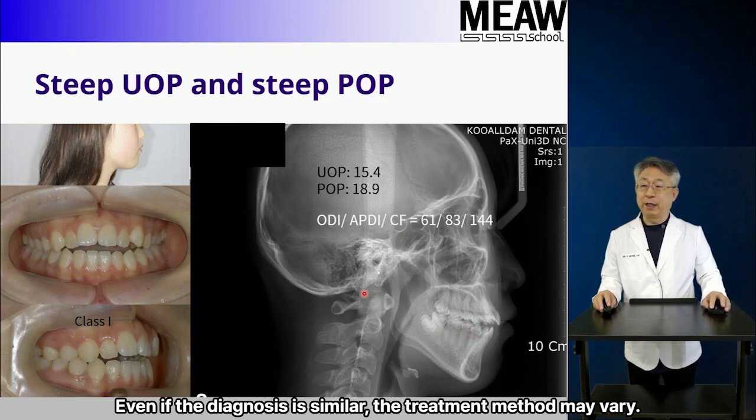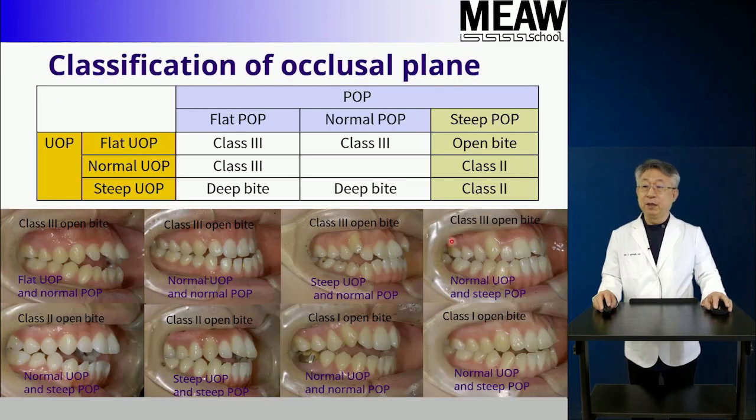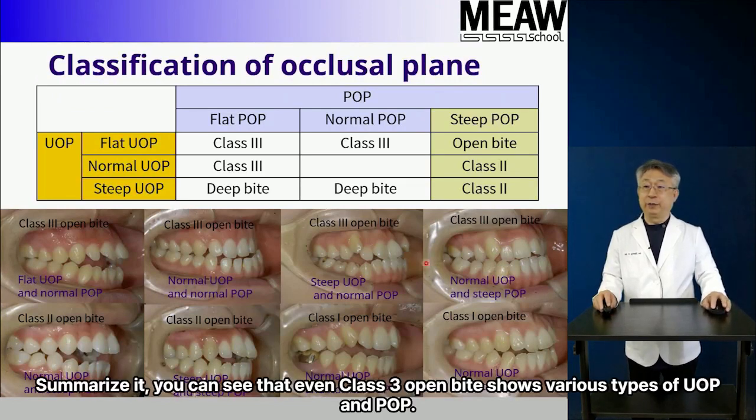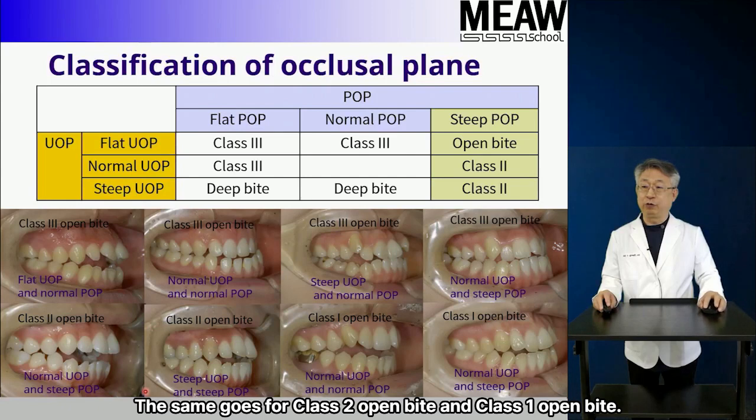Even if the diagnosis is similar, the treatment method may vary. To summarize, you can see that even Class 3 open bite shows various types of UOP and POP. The same goes for Class 2 open bite and Class 1 open bite.